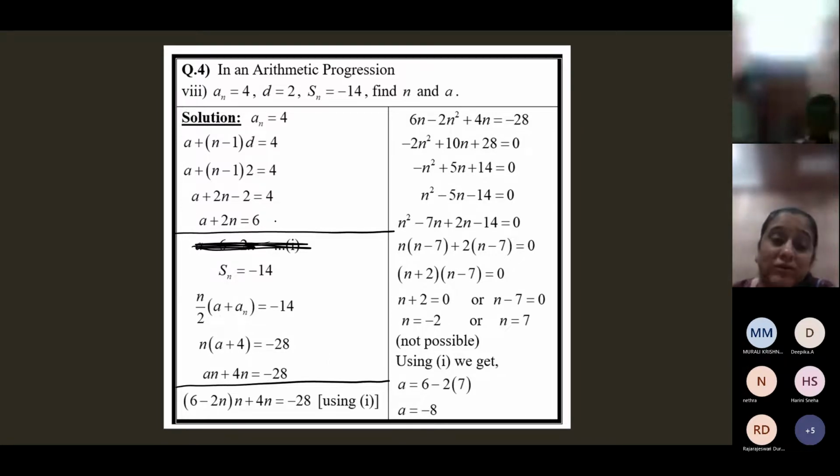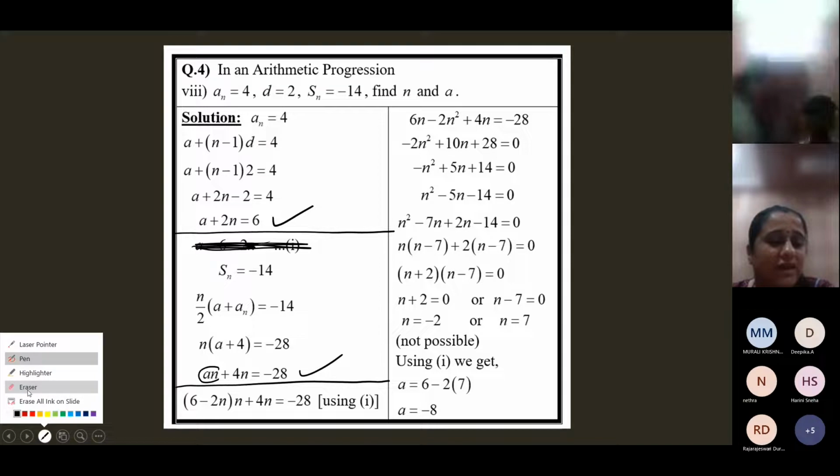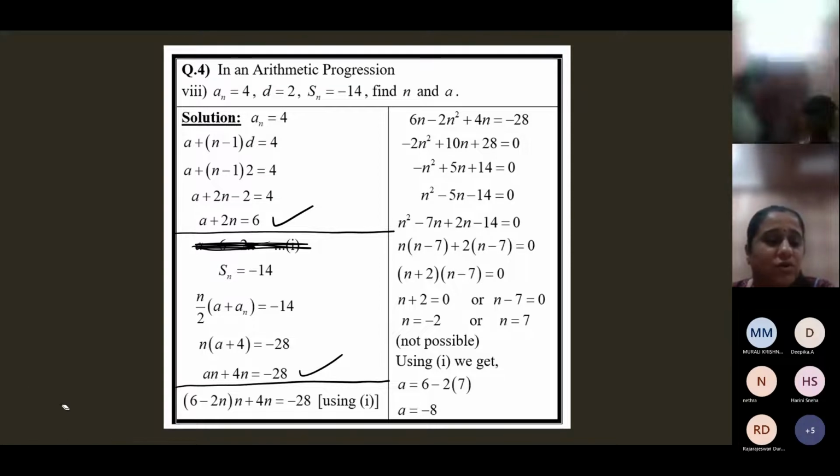But we have two equations, both having the same variables a and n. You cannot solve this by the elimination method because they're not linear in style. See here, they're not linear in style, meaning here we have this a here. You can always solve it by the substitution method.